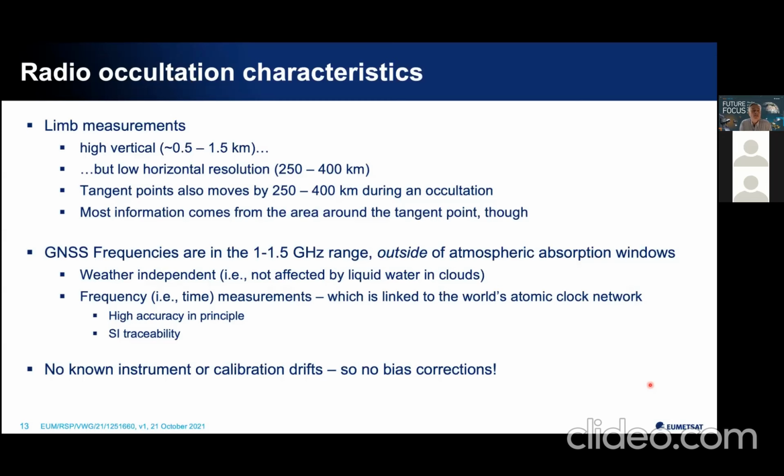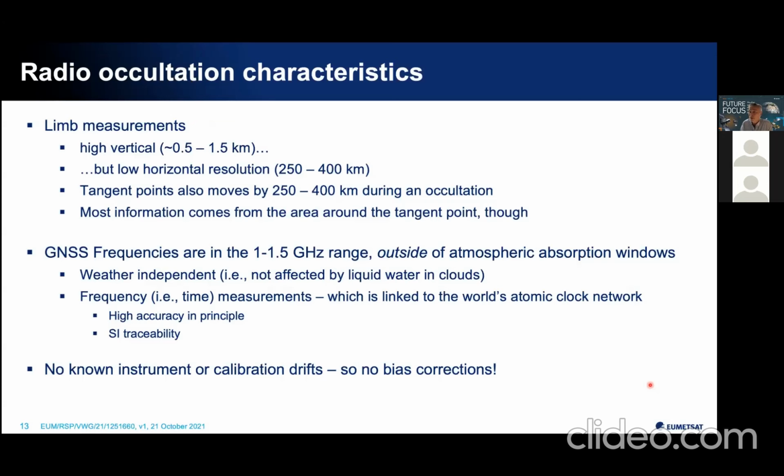So I mentioned that the GNSS frequencies are in the range between 1 and 1.5 gigahertz. And of course, they have been chosen to be there because they are not very much affected by clouds, in particular by cloud water droplets. So in that sense, radio occultations are weather independent.